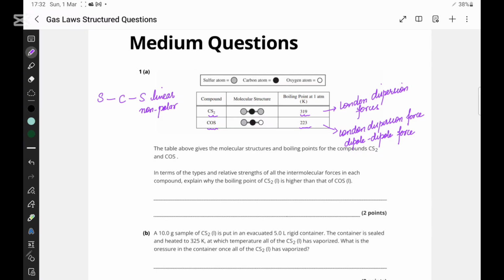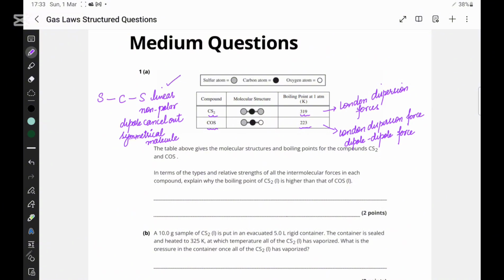So the dipoles cancel out due to symmetry. Okay, so they are non-polar, and the dipoles cancel out because of the symmetrical molecule, and the symmetrical molecule is this one. So dipoles cancel out each other, and they are going to have only London dispersion forces.